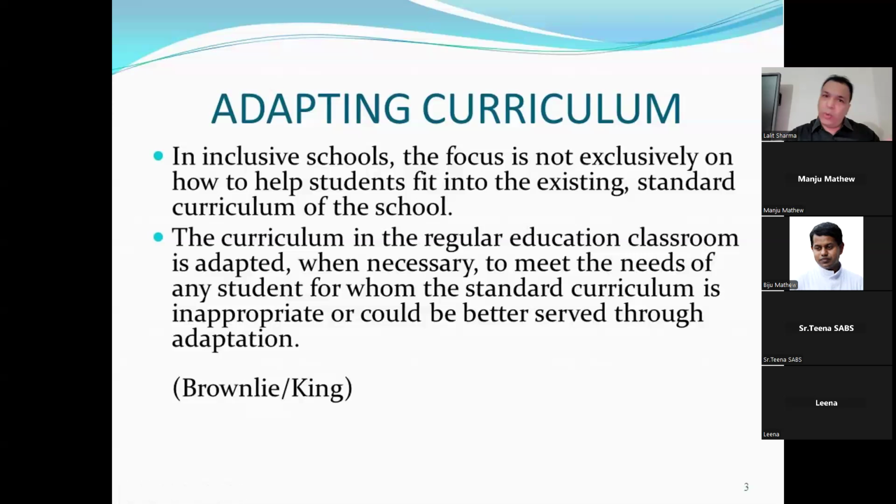Means, guys, if the disabled person has any kind of disability, hearing disability, visual disability, cerebral palsy, mental retardation, whatever, he is learning along with the normal candidate. So being a teacher, we have to adapt the curriculum, whatever topic we are teaching to the students. We have to break down the topic in a very simple way so that disabled persons could also learn the syllabus very effectively. Got it?